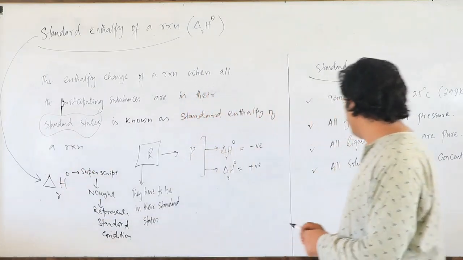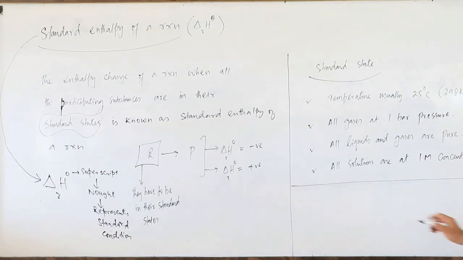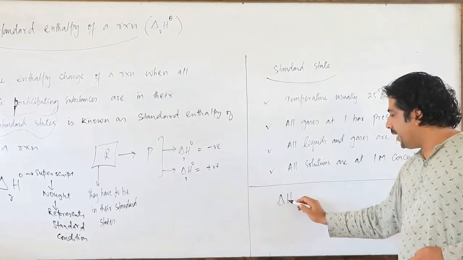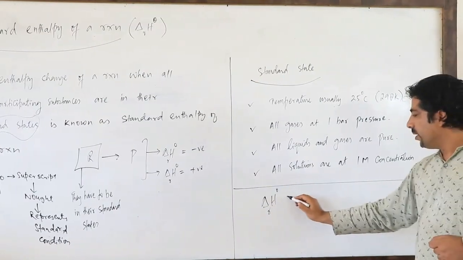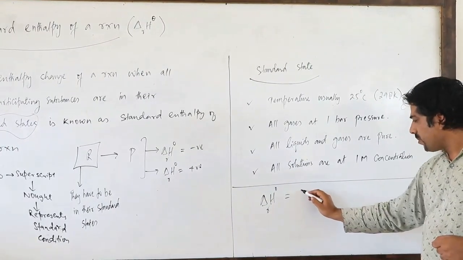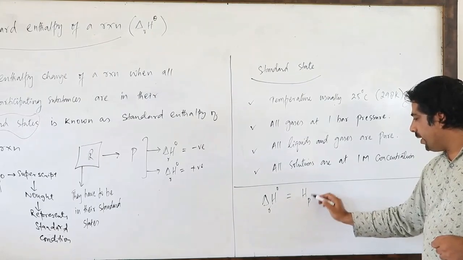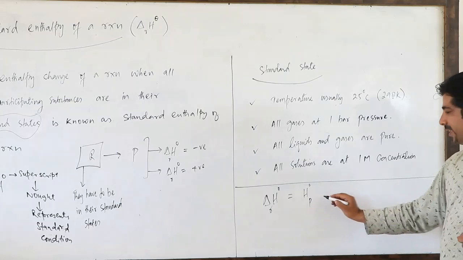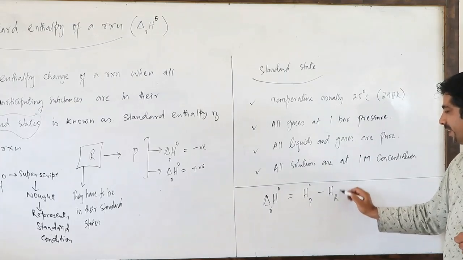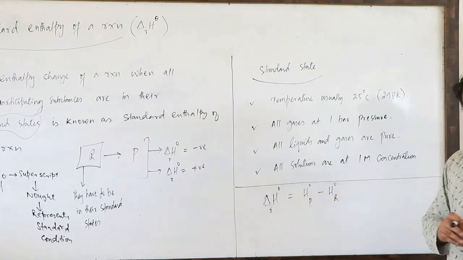Now if we write down the expression for delta HR naught, it will be like this. Delta HR naught, that is the standard enthalpy of a reaction, will be equal to HP naught, that is the standard enthalpy of products, minus standard enthalpy of reactants. So this is the standard symbol right out here.